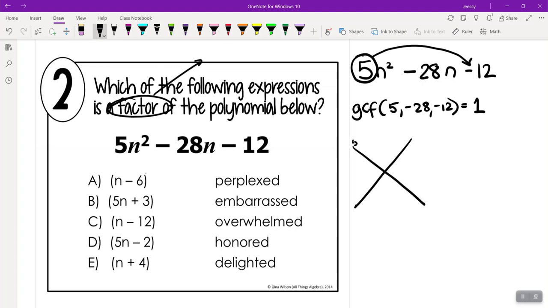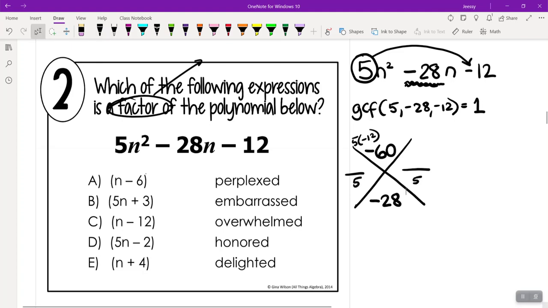So over here on the top is going to be 5 times negative 12, which will give you negative 60. The bottom number is going to be your middle term, which happens to be negative 28. Okay. You multiply by 5, so eventually you'll have to divide by 5.